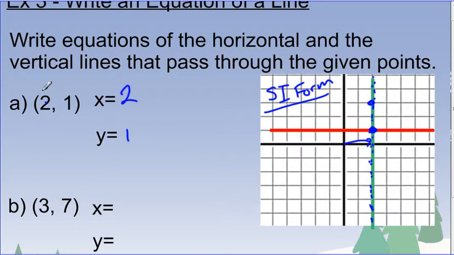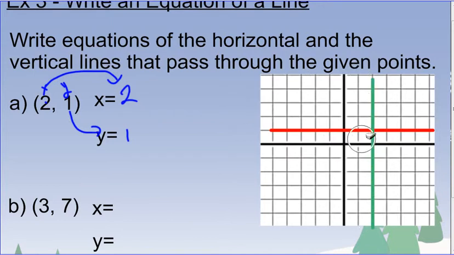X equals 2, y equals 1. Do you see how the x value and the y value are kind of part of their equations? I wouldn't call it a shortcut. It's something you can use to double check your math later.